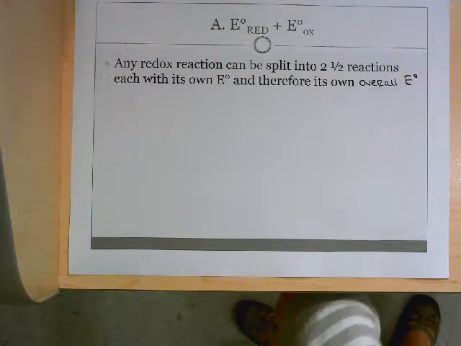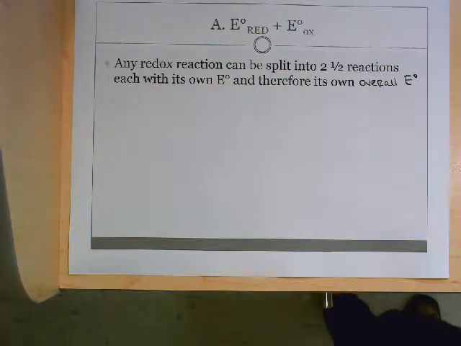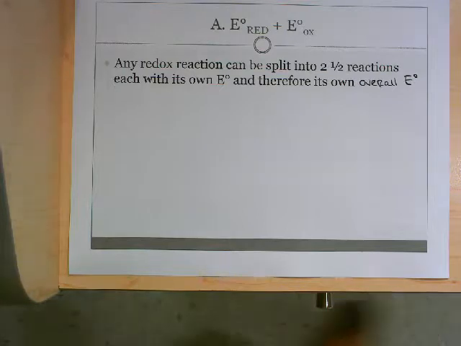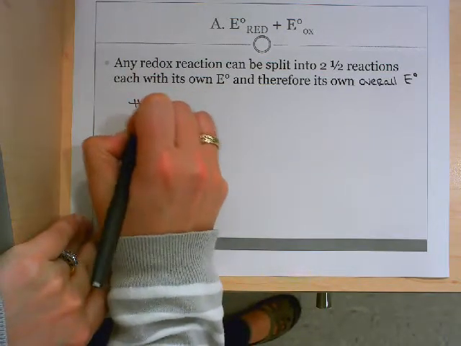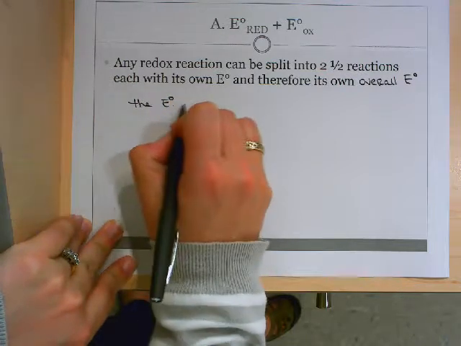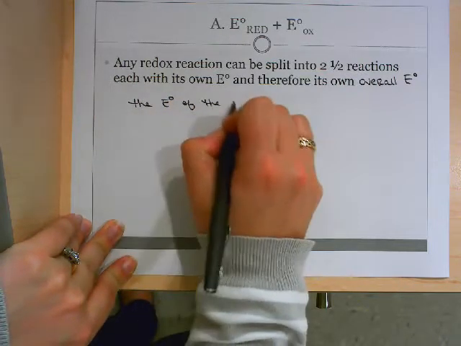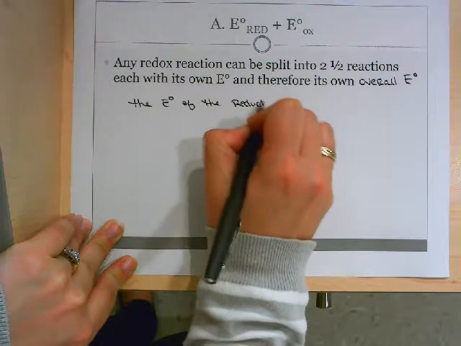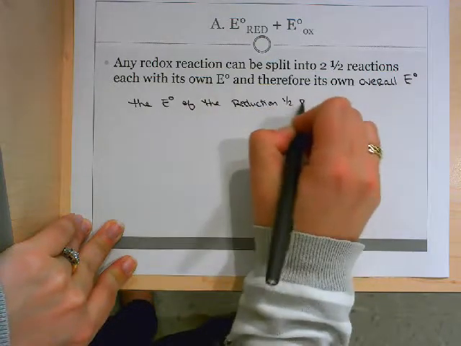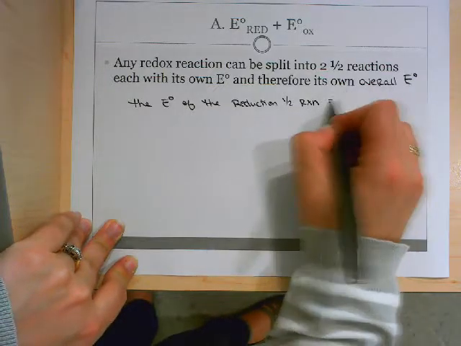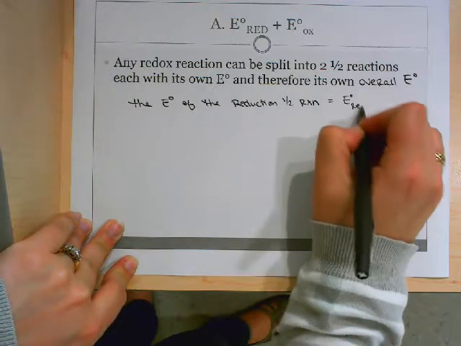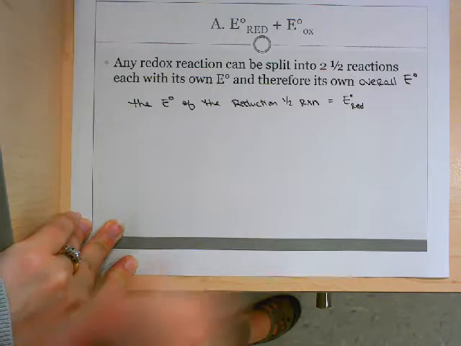Alright, so if each half cell can have its own E0 in its own overall, the E0 of the reduction half reaction we call E0 reduction, red.